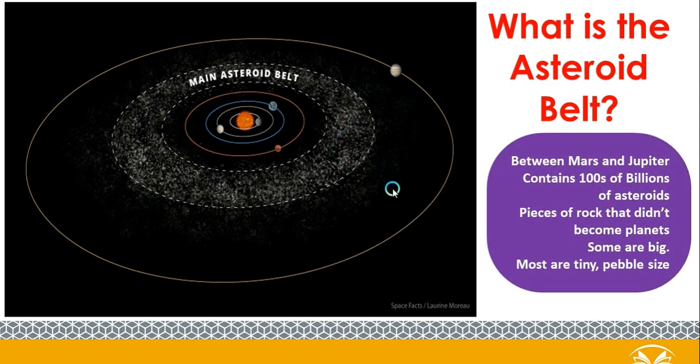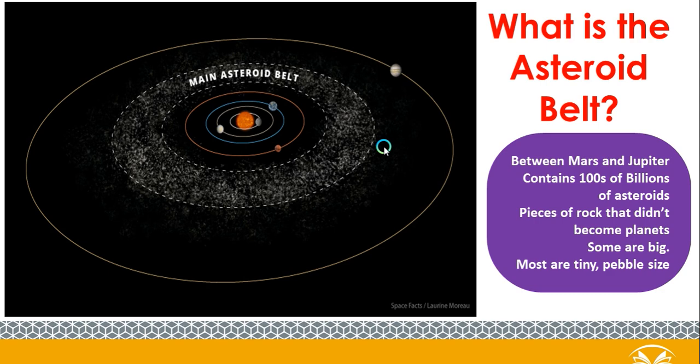So asteroid means rock. Between Mars and Jupiter, it contains hundreds of billions of asteroids. These are the asteroids that didn't become planets. Some are big, most are tiny, pebble size. Pebble means very, very small.